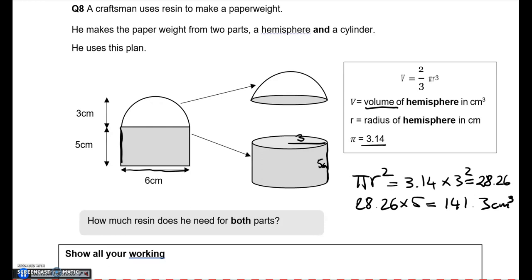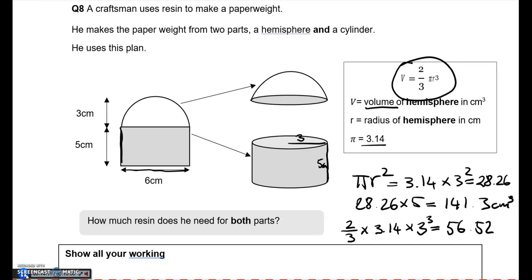Now the volume of the hemisphere, we've got the formula here. So two thirds of pi times the radius, which is 3 cubed. Plugging that into the calculator gives us 56.52.